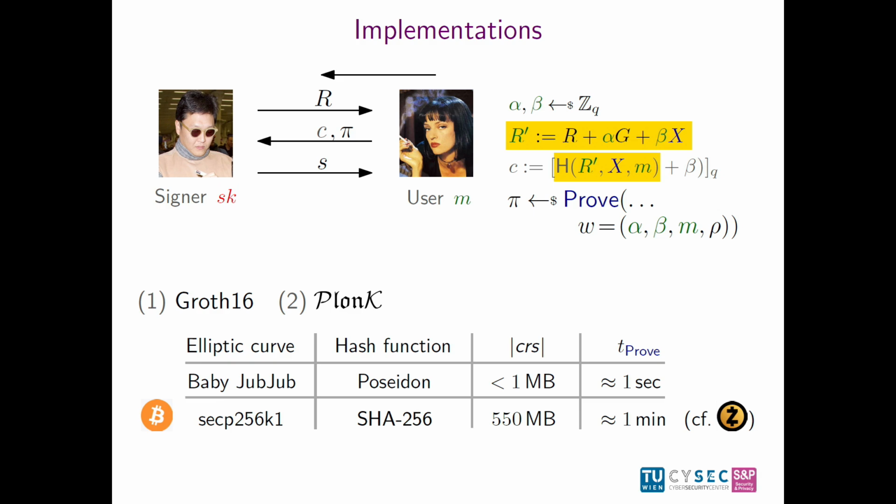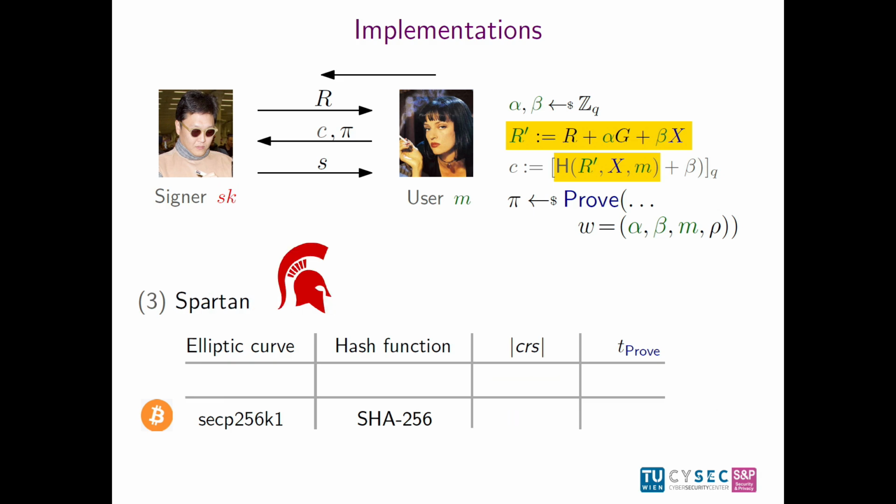Okay, so as I said, the inefficiency comes from the fact that the SNARKs are not really compatible with the elliptic curve that's being used. So we looked at the third scenario, using a system by Tehrani and Sankar, who based theirs on Spartan, which doesn't use pairings. So you can use the twin curve of secp, and so you get natively supported elliptic curve arithmetic.